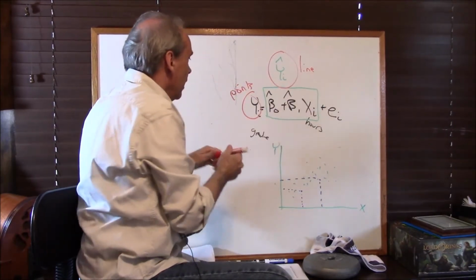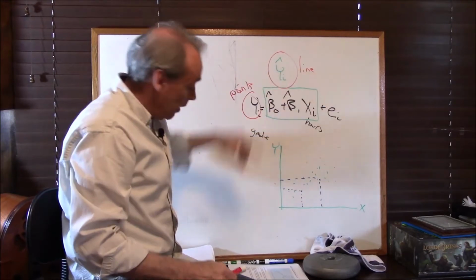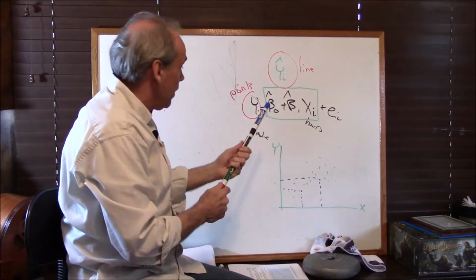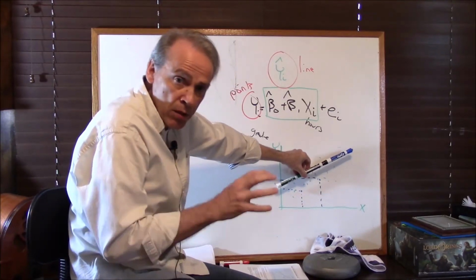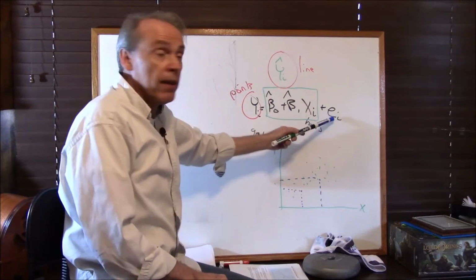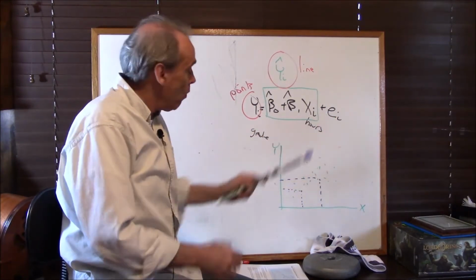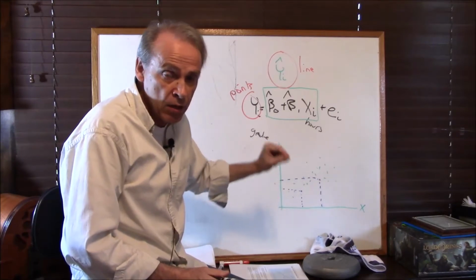All the points on the line are going to be the ones that correspond to that y hat right there. You want the line to be as close to the points as possible, which is the same thing as saying we want the gap between each point and the line to be as small as possible.